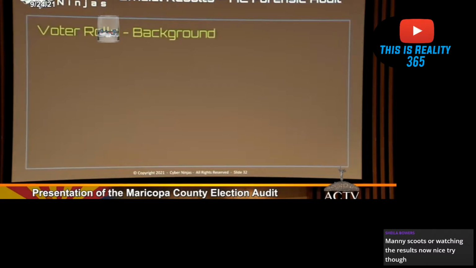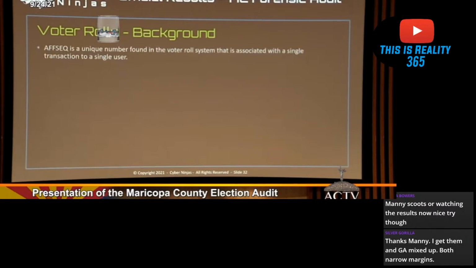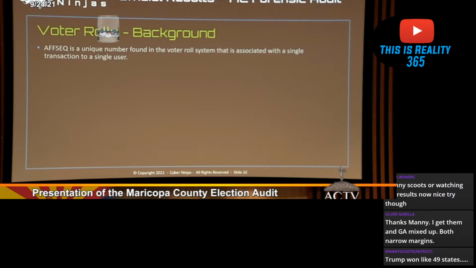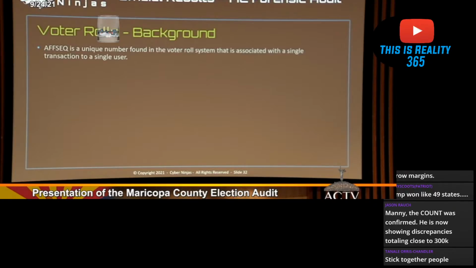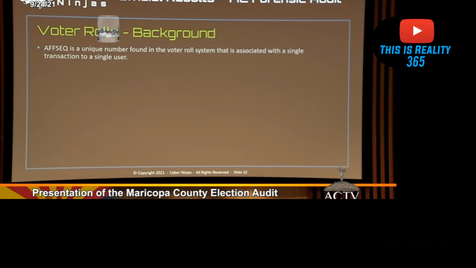Likewise, we have this thing called AFSEEK. And AFSEEK is actually a unique identifier that is a reference to a transaction. So for example, if you needed to change your address, you would fill out a form, turn it into the recorder's office, and they would image that and process it. And when they processed it, they would assign it a unique identifier.